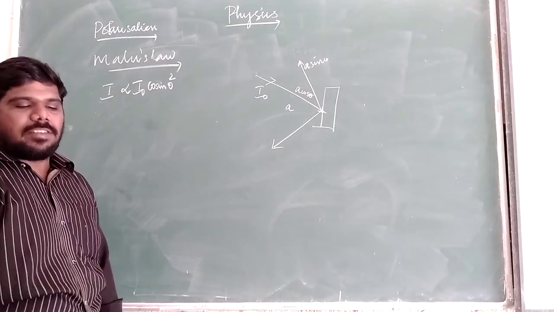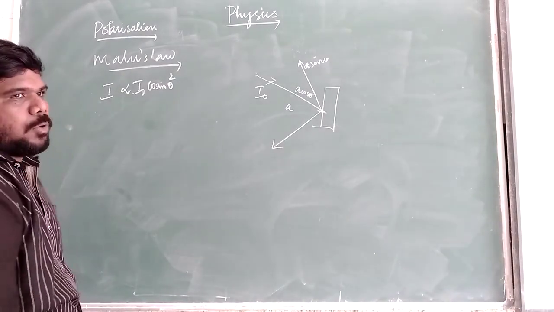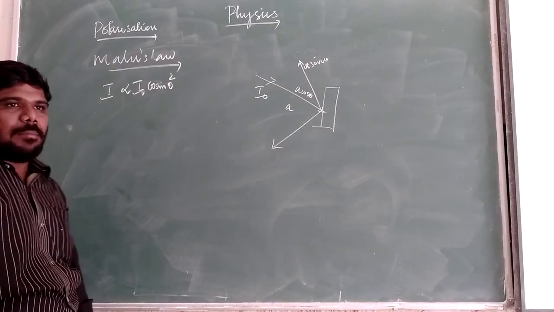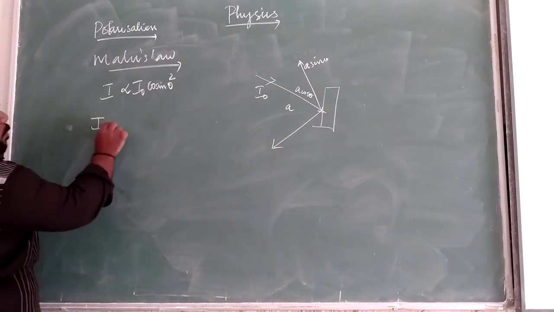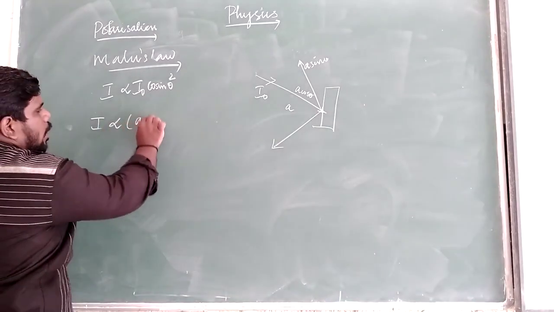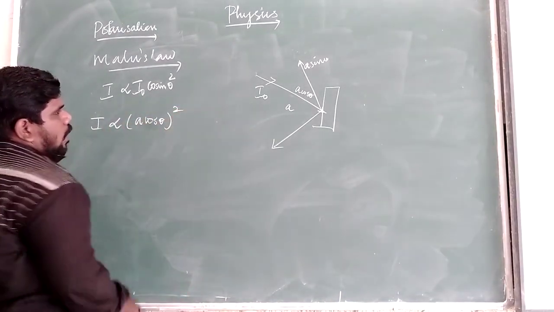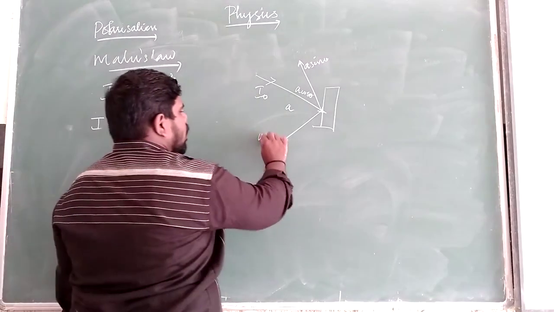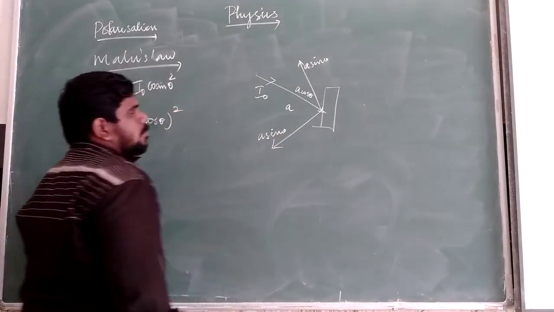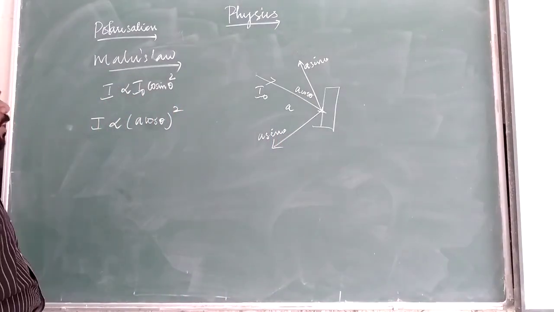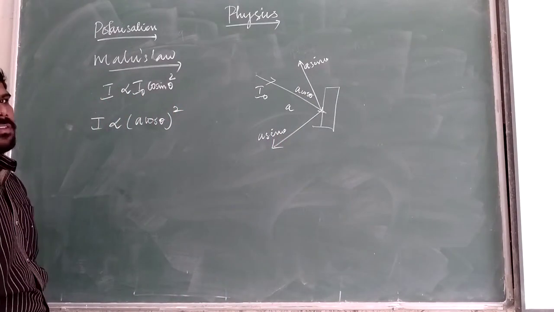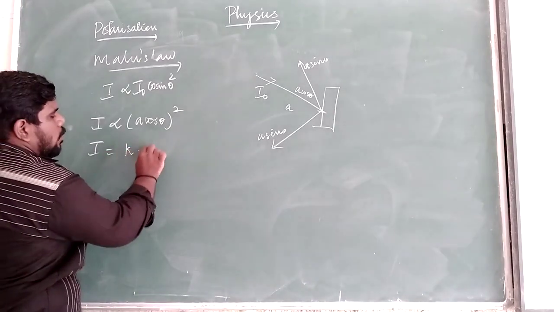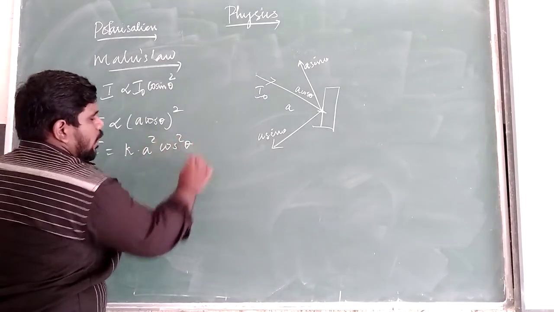We know that intensity is directly proportional to the square of its amplitude. So I is proportional to (A cos theta) squared. The perpendicular component is equal and opposite in direction, so it does not contribute. So I is equal to K A squared cos squared theta.